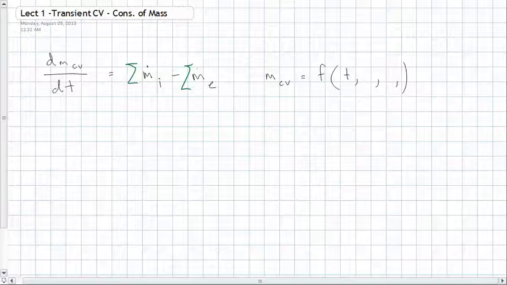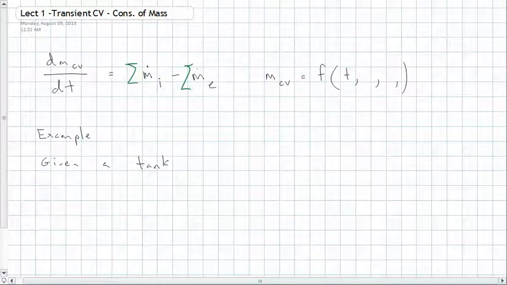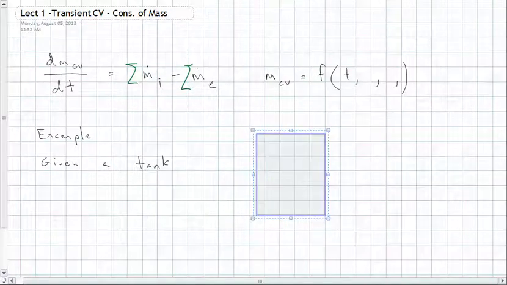Imagine you have a tank. So this is the example. You're given a tank, and it looks like this. It has flow coming in, and it has flow exiting.